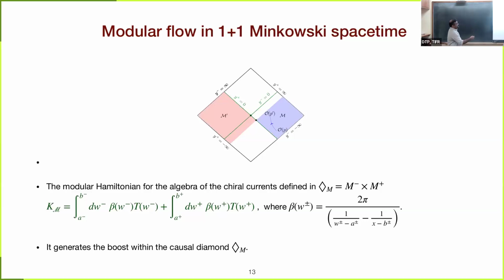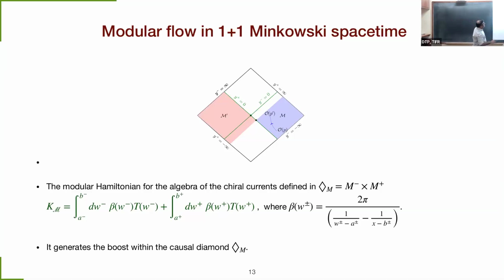So let me give an example. You consider this 1 plus 1 Minkowski space-time and define this chiral theory that you have. The green lines are the Rindler horizons, and you can take a wedge, this pink colored region or blue colored region.